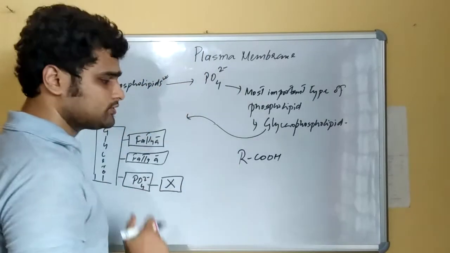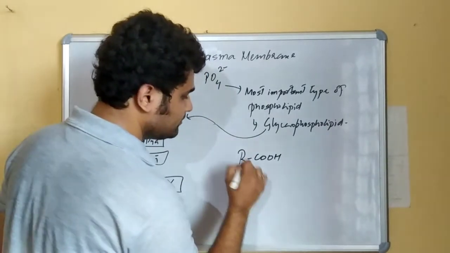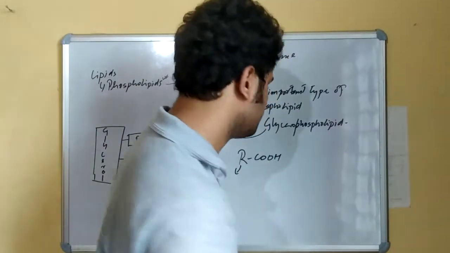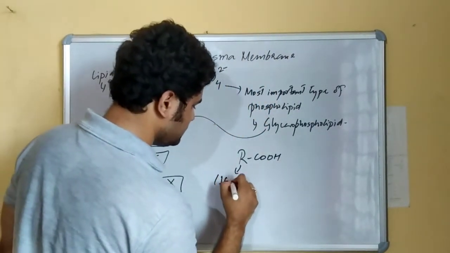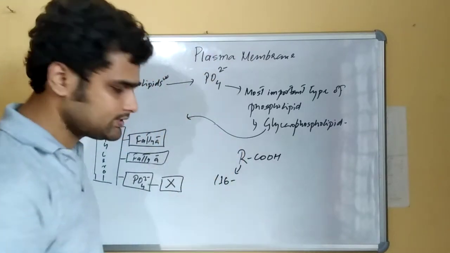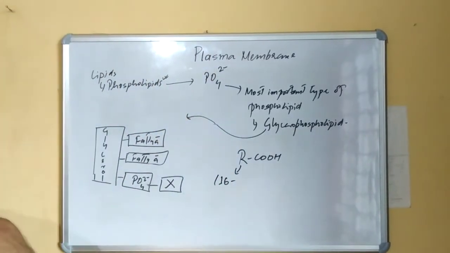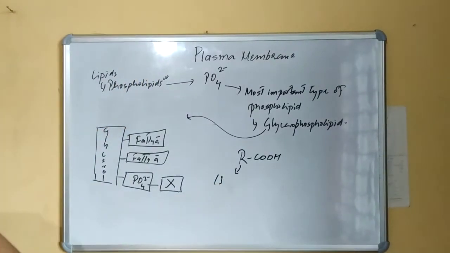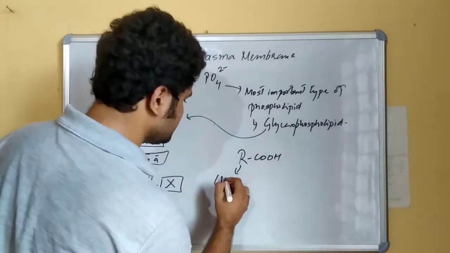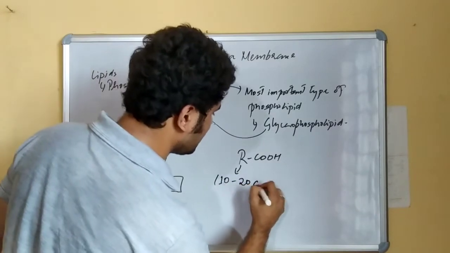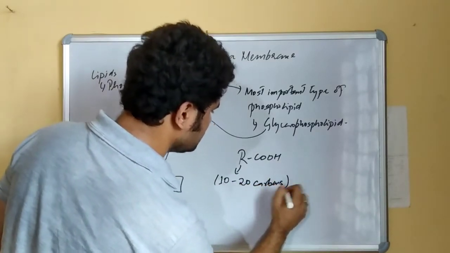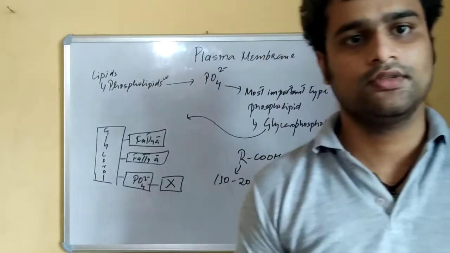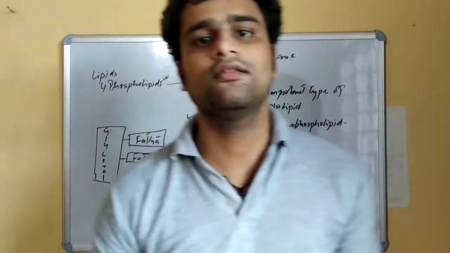Now, if for some reason this R happens to be very long, say this R group is 10 to 20 carbons long, then basically this is a fatty acid.